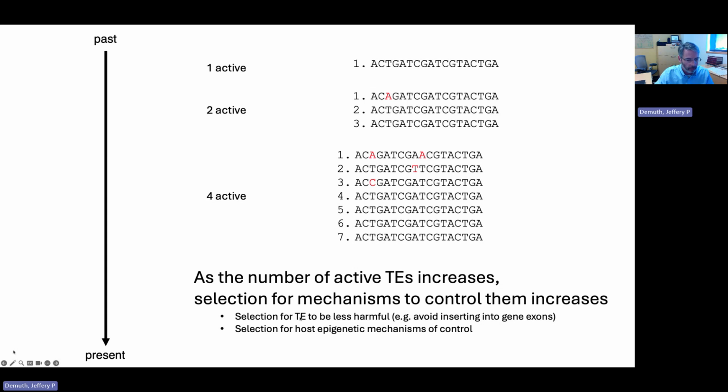Selection for it to be less harmful, right? So if it can avoid landing in exons, that's better for the transposon in terms of survival. But then the host is also trying to evolve often these epigenetic mechanisms where it can condense the chromatin in regions where there are transposons that are active so that they can't be moved.